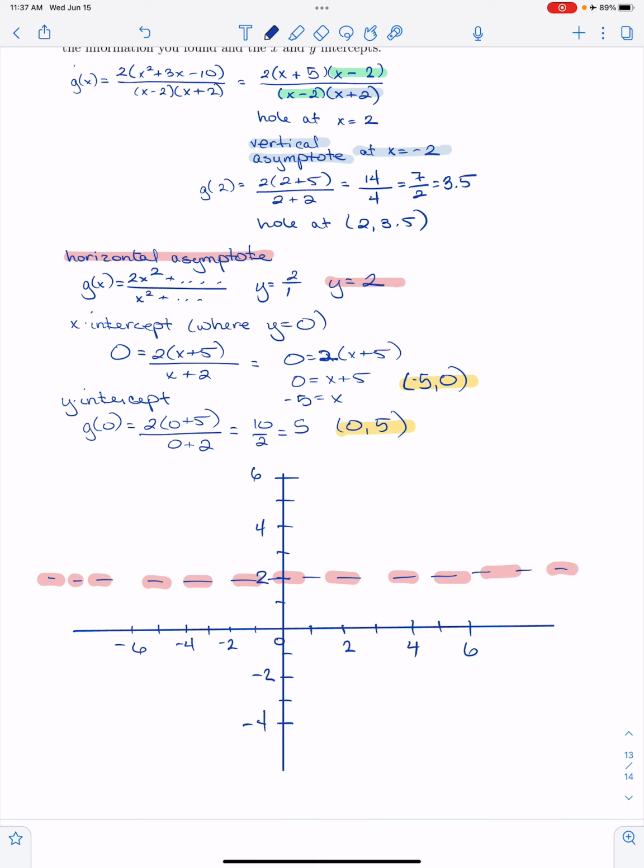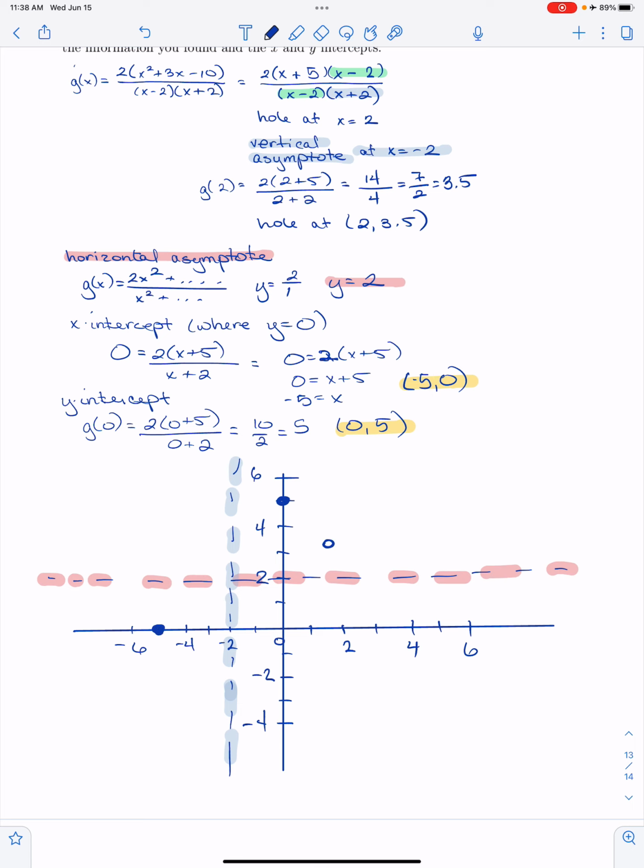We have a vertical asymptote at x equals negative 2. I have an x-intercept at negative 5, 0. I've got a y-intercept at 0, 5. And I have a hole at 2, 3.5.